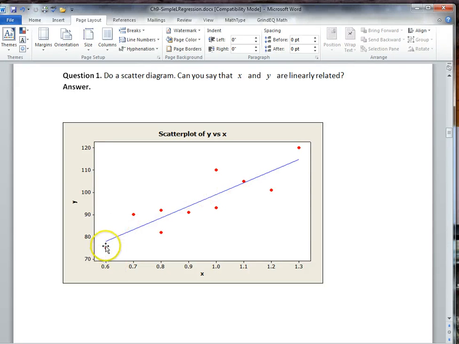This is from Minitab. When I spend $6,000, I get about $760,000 in sales. When I spend $9,000, I get about $900,000 in sales, and so on. So we get all this data.